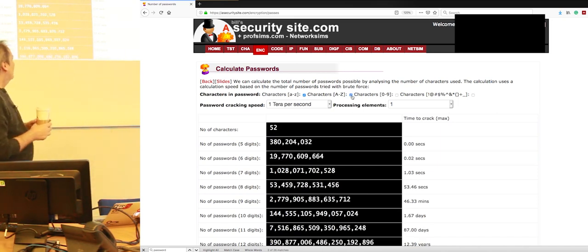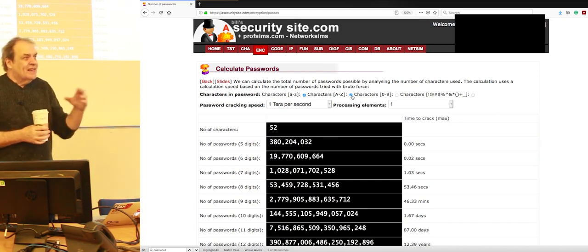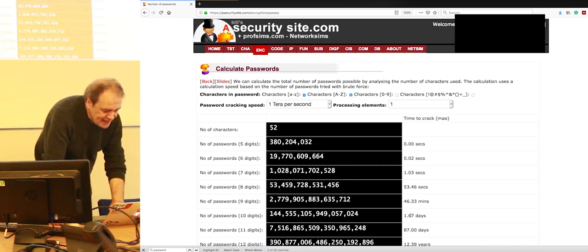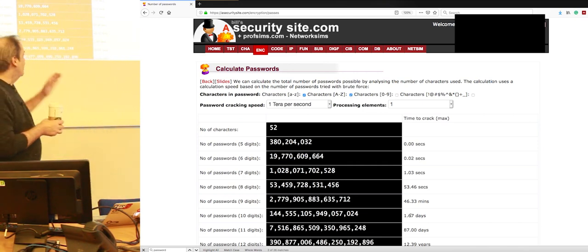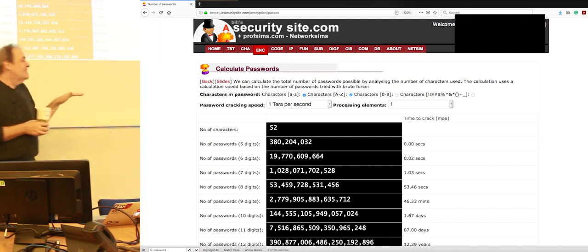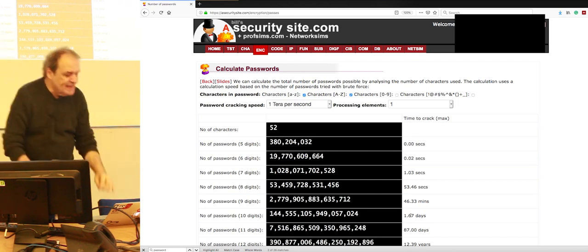So 25 seconds on average to crack every single upper and lowercase value. For 10 characters now, a day and a bit. So 10 characters is finished in terms of just upper and lower case.